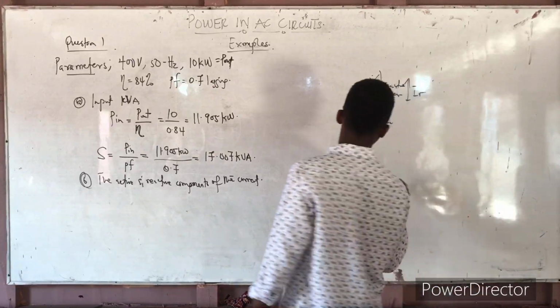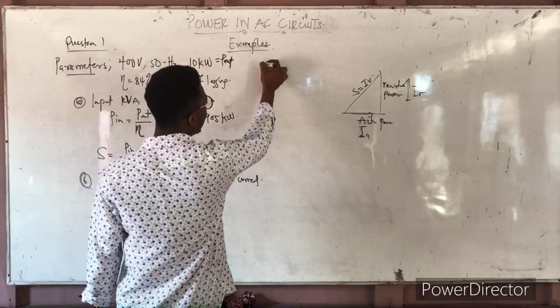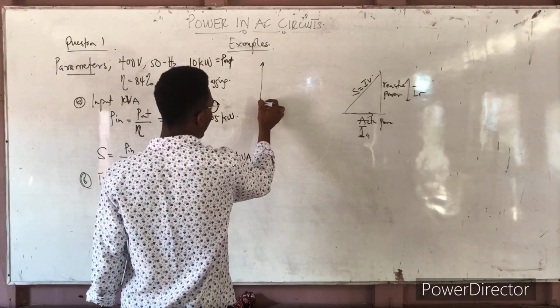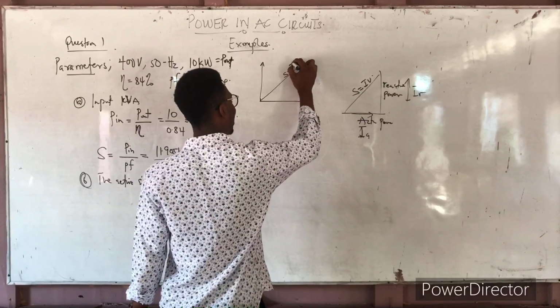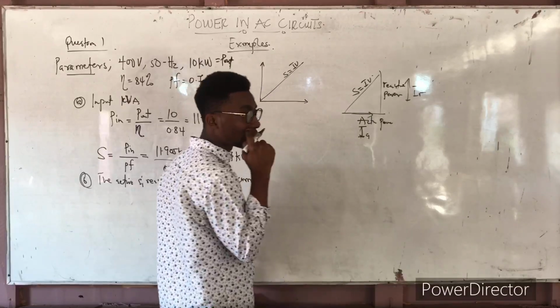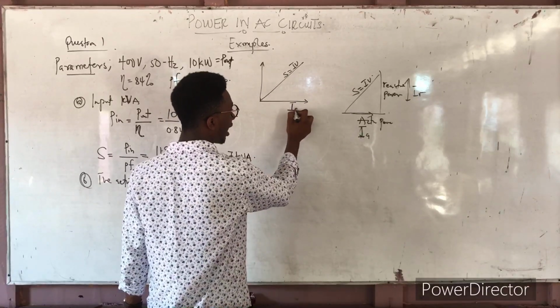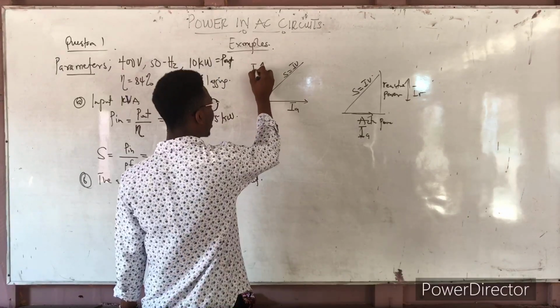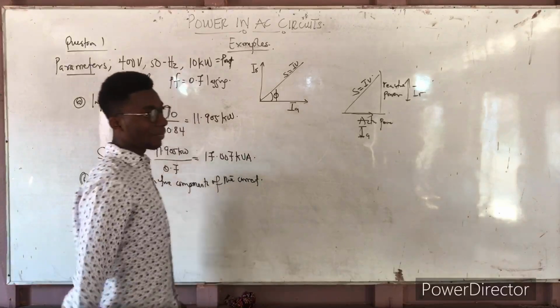So what do we see here? We can draw a diagram. Let me draw it here. This is the reactive part, the active part, and the apparent part, which is S. In terms of current, S will contain the resultant current. The current through the active power is IA, the current through the reactive power is IR, and this is our angle theta.